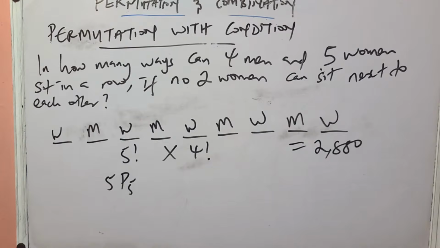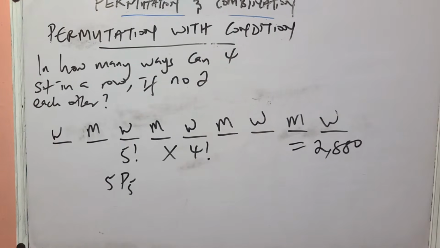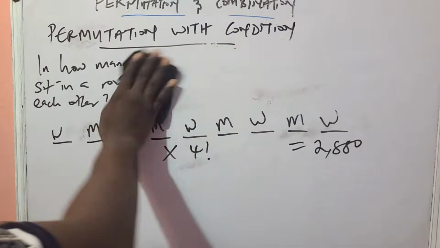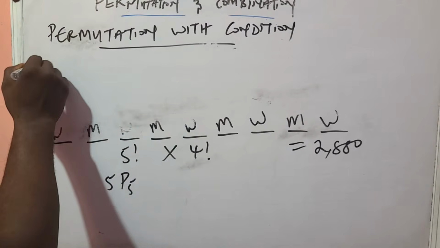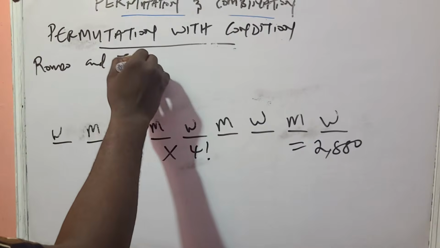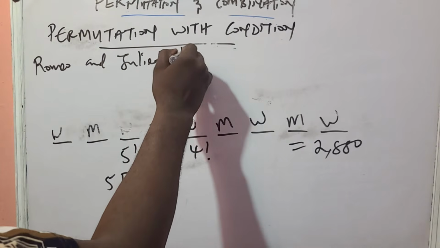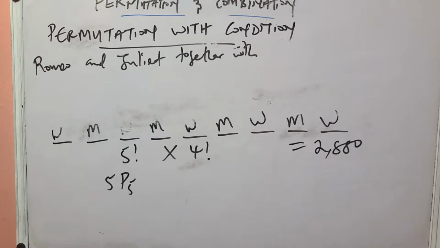So Romeo and Juliet, together with their 7 friends, will go to a birthday party.